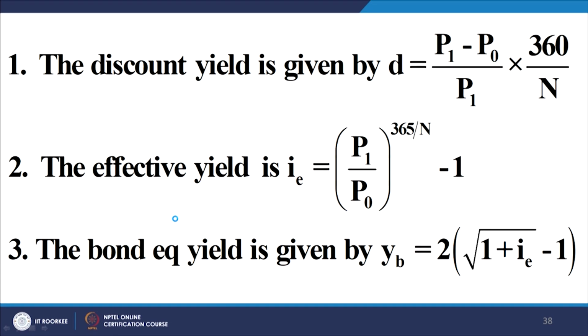The effective yield is given by 100 divided by 99 to the power 365 upon 60, minus 1, and the bond equivalent yield we will talk about when we discuss the long term bonds, or the bond valuation and so on, which would be our next topic.